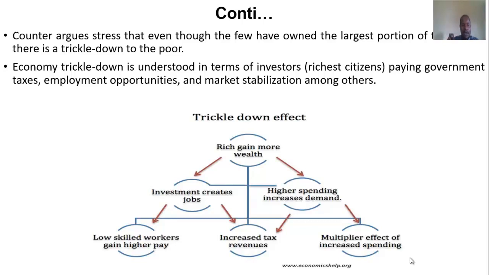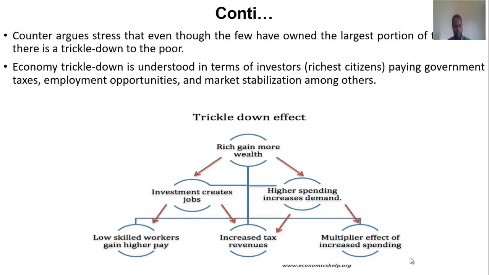And economic trickle down is understood in terms of investors or rich citizens paying government taxes, providing employment opportunities, and market stabilization, among others. Look, here the trickle down effect is that there are few who preside over the resources of the country, and they have more wealth, and when they own the largest portion of the wealth of the country, they create jobs with this wealth.